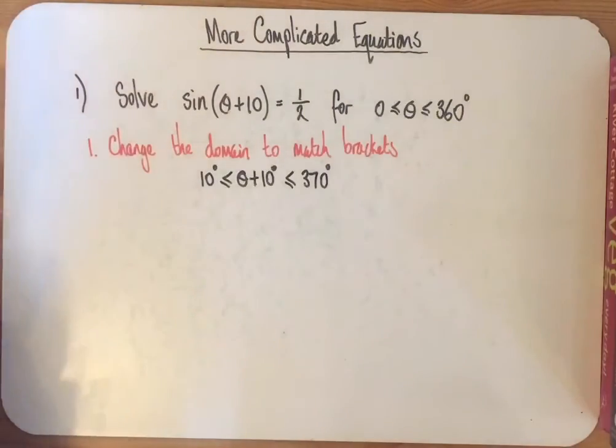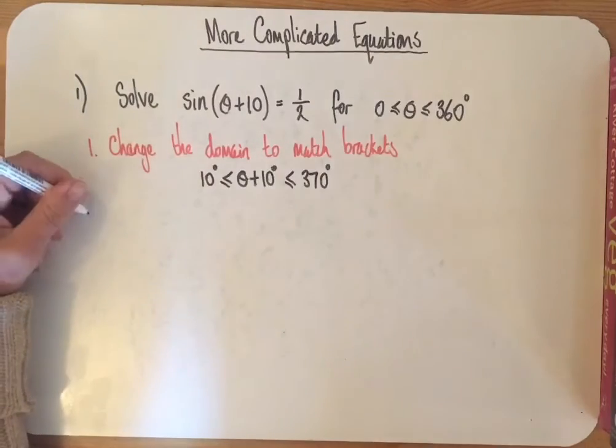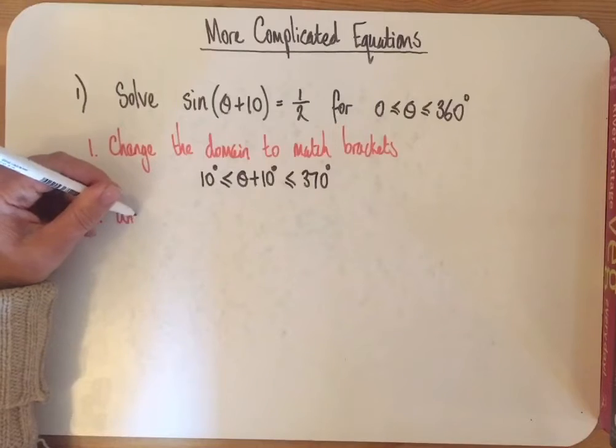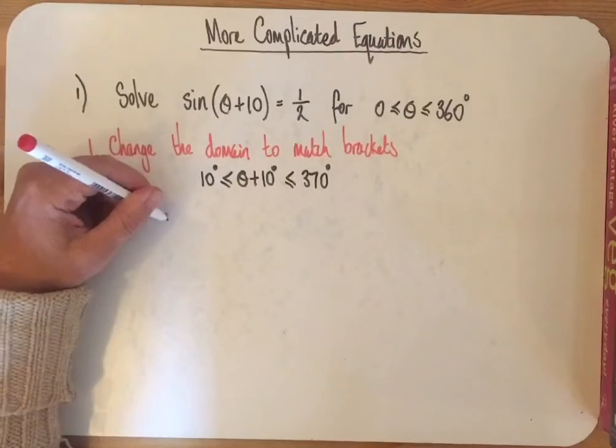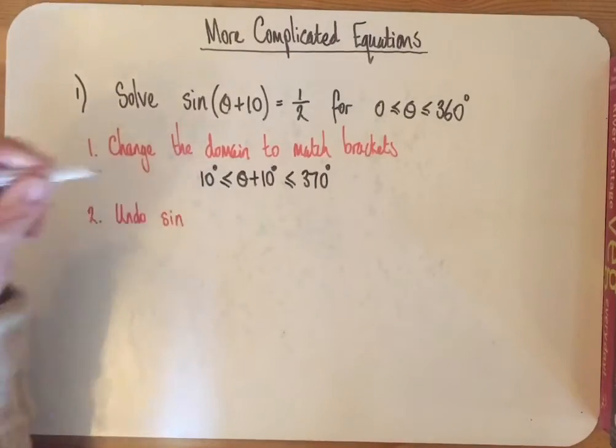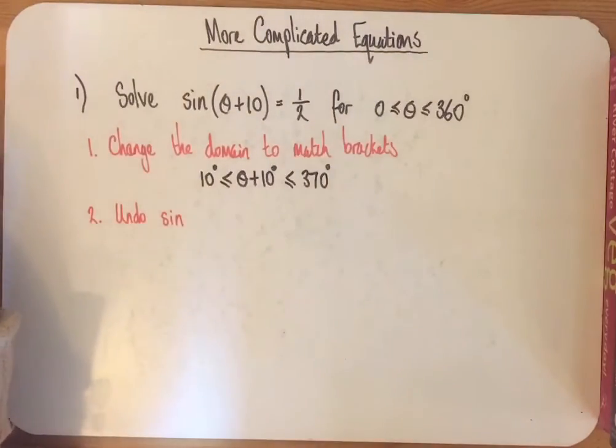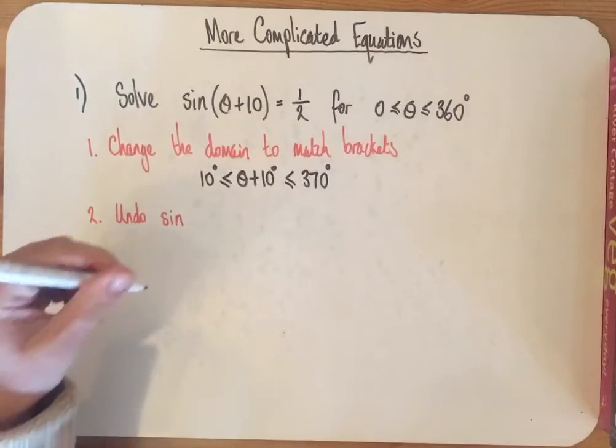The next thing you do is undo sine. So you do shift sine of a half, which gives you 30.